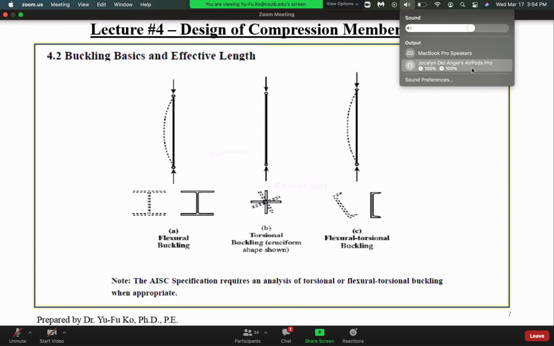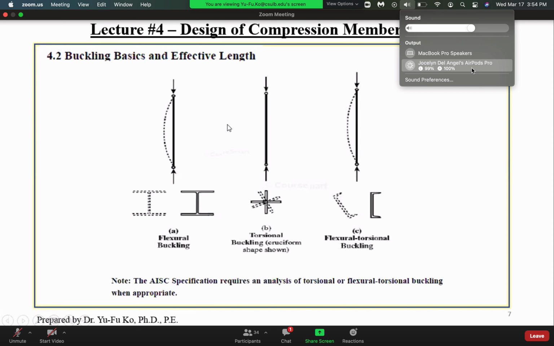Another type of buckling is what we call torsional buckling. If your cross section is a cruciform shape, then when you compress the member, you will see a pure rotation of the member as it buckles.